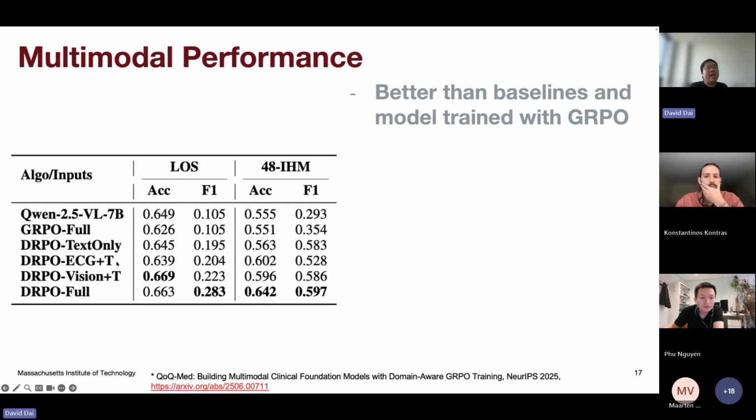Removing vision has a stronger detrimental effect on the final performance compared to time series. So future developments can focus more on how we can get a better time series encoder and how we can better align the time series part to the model, because apparently vision here is still a stronger modality.